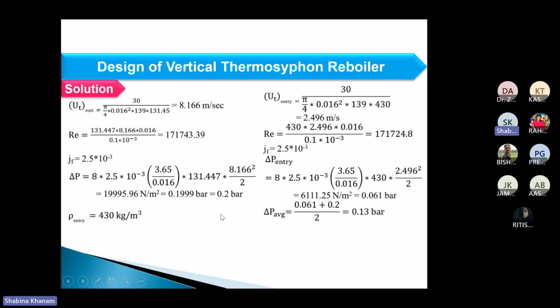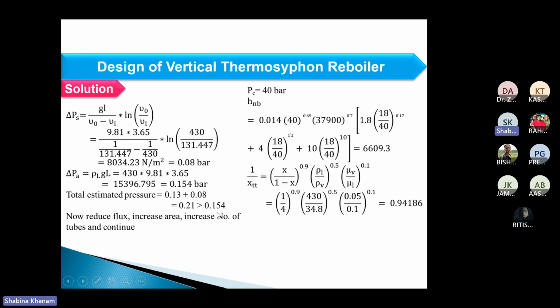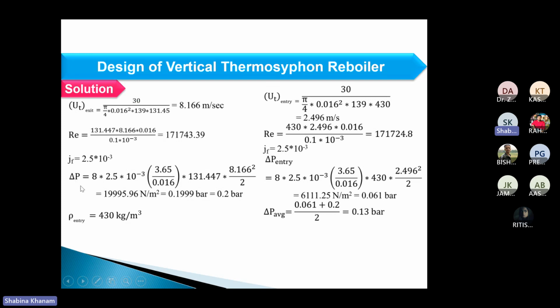But in this case we need to reduce the pressure drop of 0.21, right? So we will reduce the 0.13, and to reduce it we need to reduce the pressure drop due to friction at entry and exit. For that we need to reduce the velocity.